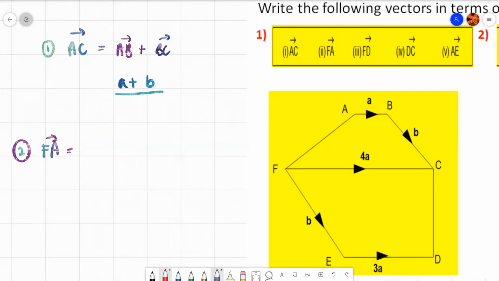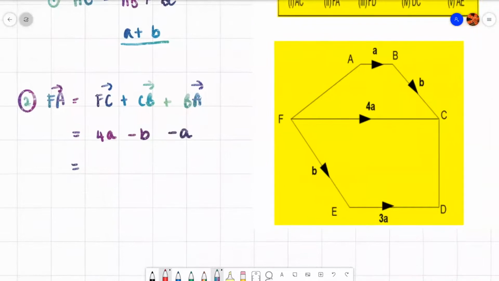So F to A, I can only go F to C plus C to B plus B to A. Well, F to C is 4A. And then I'm going the opposite direction, which is minus B, and then minus A. Well, I can simplify this. 4A minus A is 3A minus B. Okay, and that is our answer.